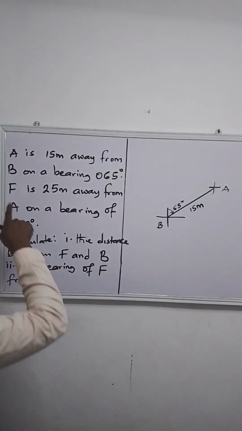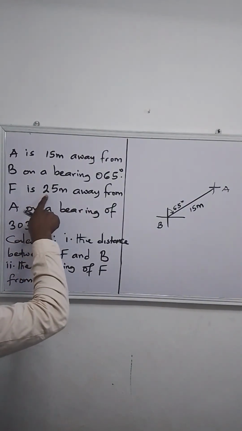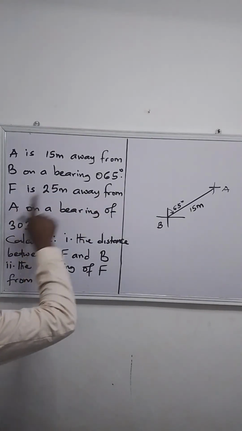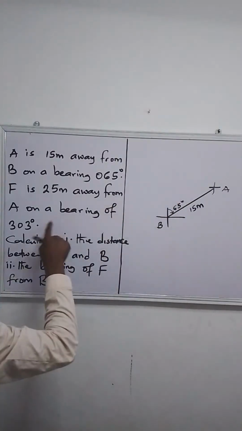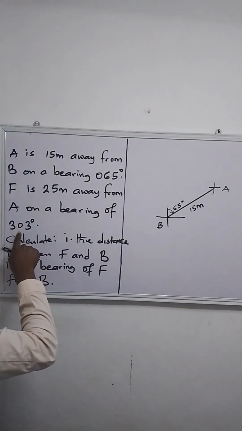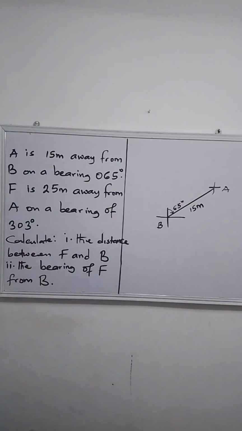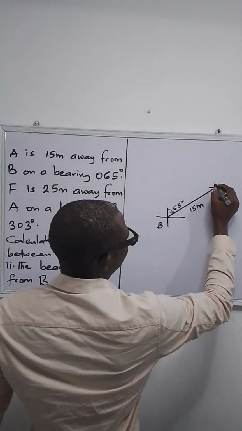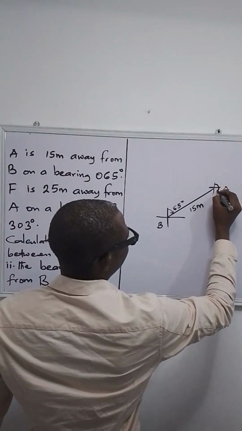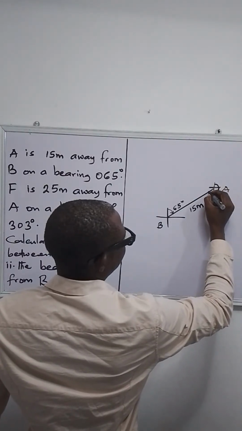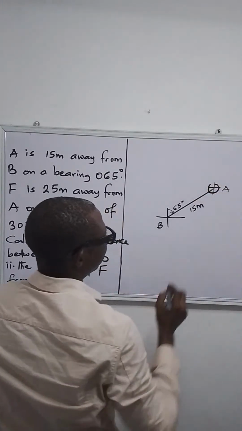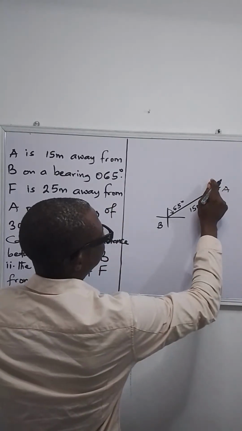All right, now let's read further. Now F is 25 meters away from A, on a bearing of 303. So bearing of 303, so we go down 90, 180, 270, and 303.